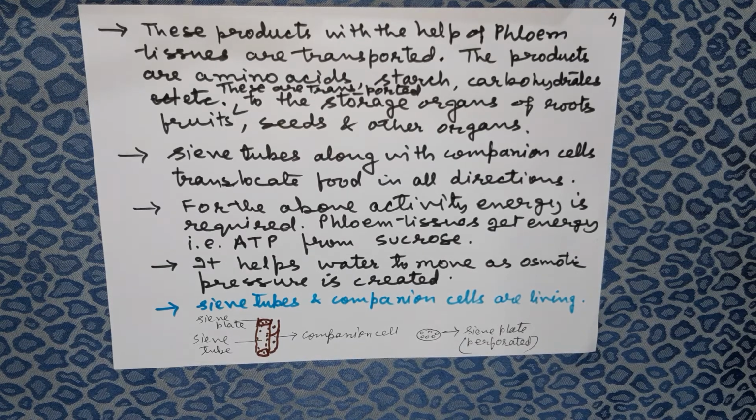You know that some of the stems are there, like potato, it has stored food. Onion, it is a root. Radish, carrot, they are roots, tap roots.